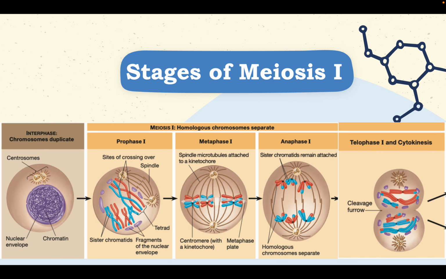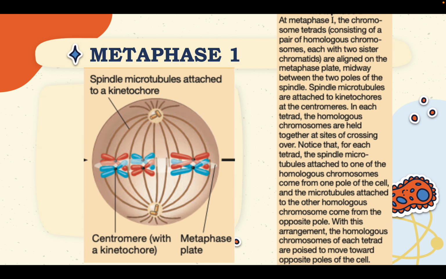Next one, we have metaphase 1. In metaphase 1, the paired chromosome groups, or the tetrads, are lined up in the center of the cell. The tiny rope structures, or the spindle microtubules, are attached in the middle of each chromosome pair.